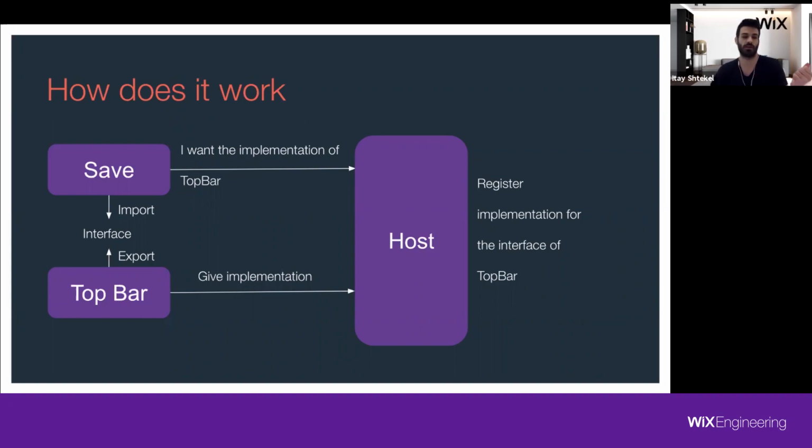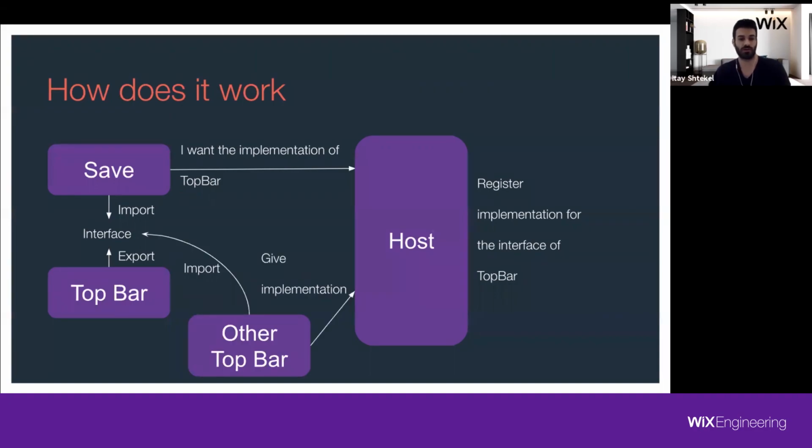It knows the interface of toolbar and that there's a host. And then it approaches the host and says, I want the implementation of a toolbar interface. Give me the implementation and I will contribute my own content. And in this way, we can replace the toolbar and give a different implementation for the same interface, and the code for save does not have to change, and it doesn't have to be aware who implements toolbar and in what way.